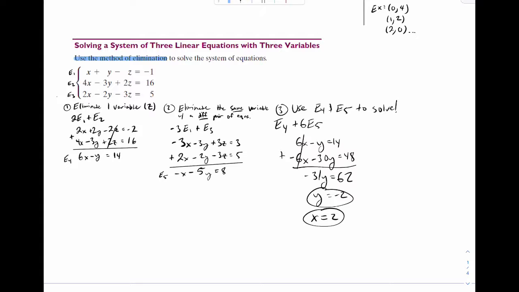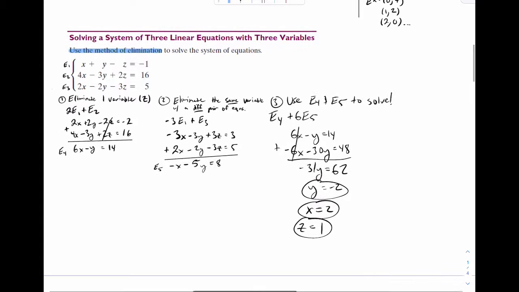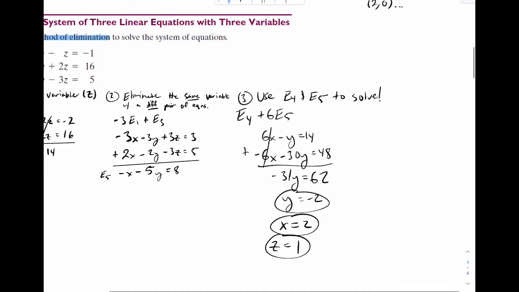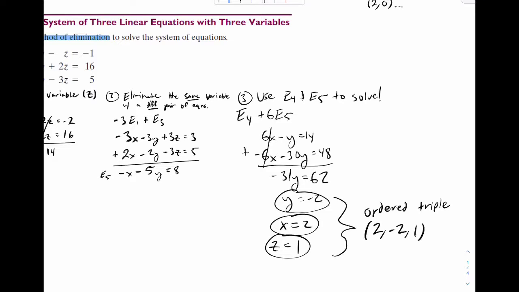So plug those back in, and then we're going to get z is equal to 1. And that's our answer right there. And oftentimes we're going to write that as an ordered triple instead of an ordered pair. So just think, write it in order. 2, -2, 1.